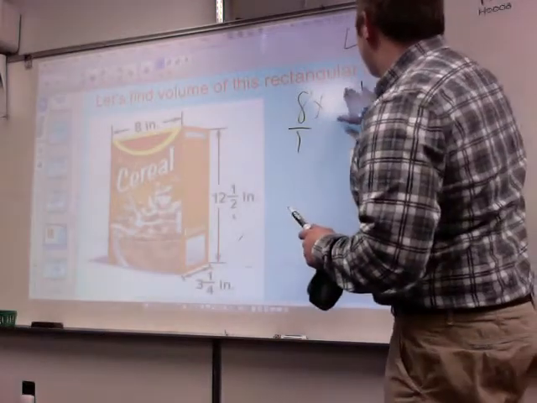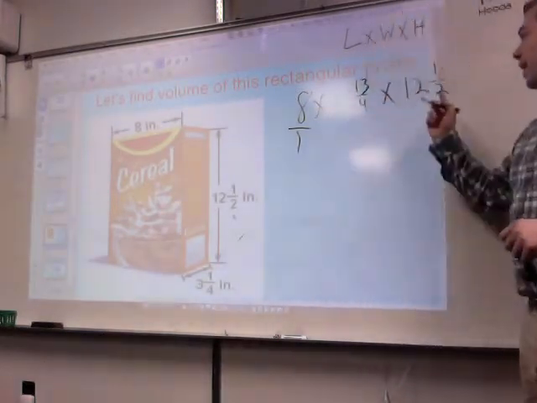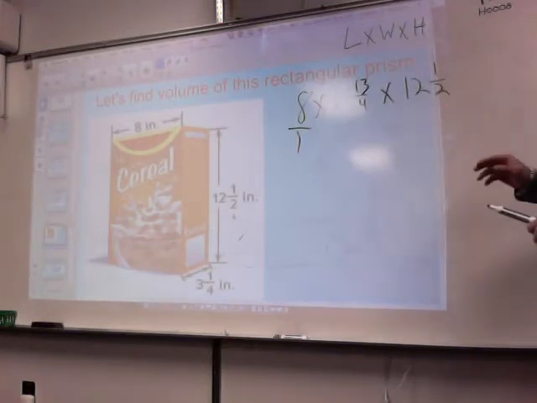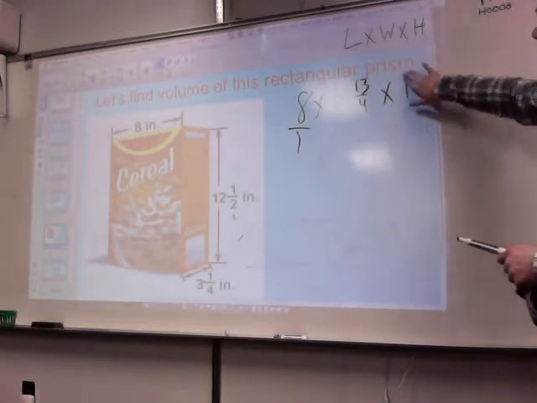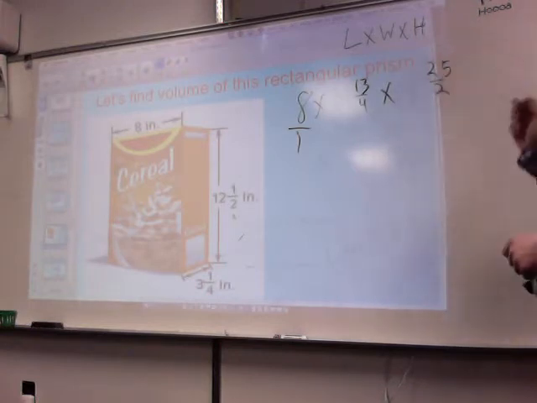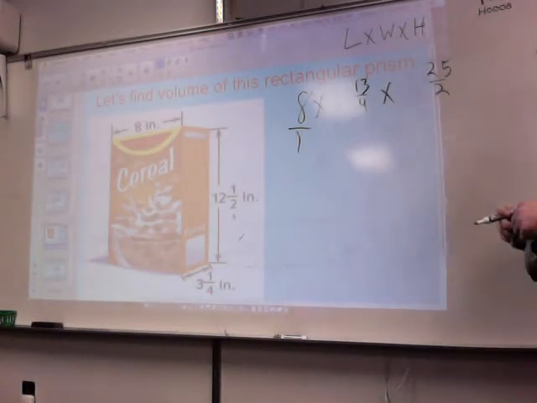So it's really 13/4. Okay, and this 12 1/2, well, 2 times 12 is 24, plus 1 more is 25. So it's really 25 halves.